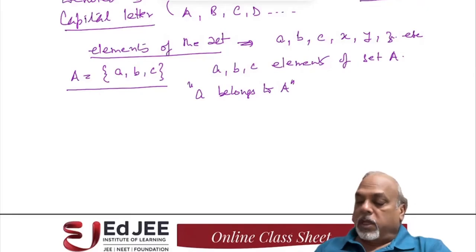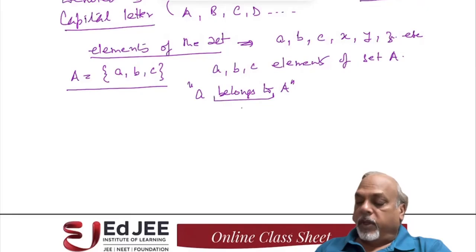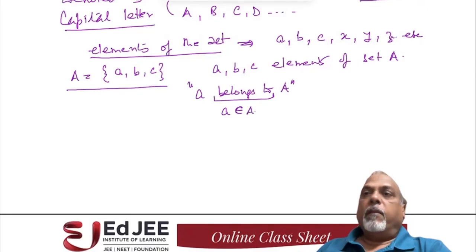Now, there is a Greek symbol for belonging, which means a belongs to A. Correct?